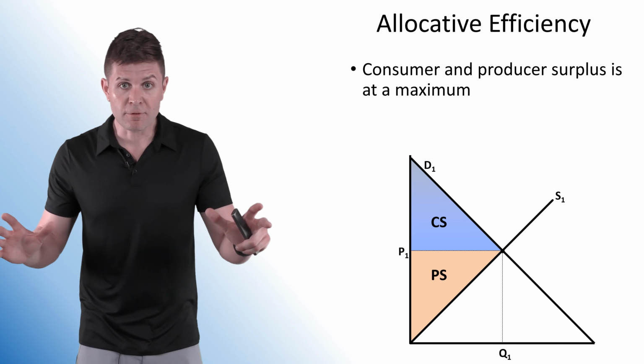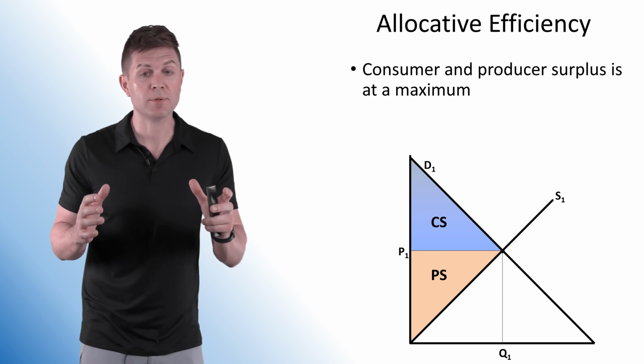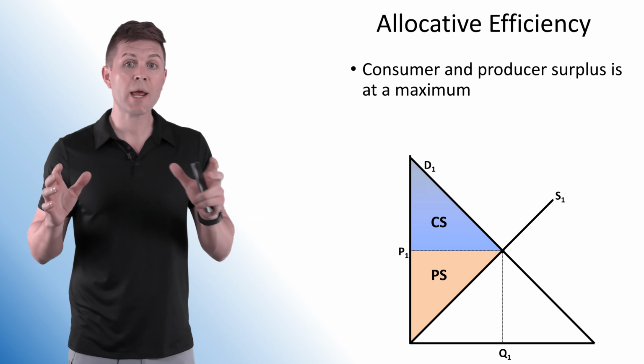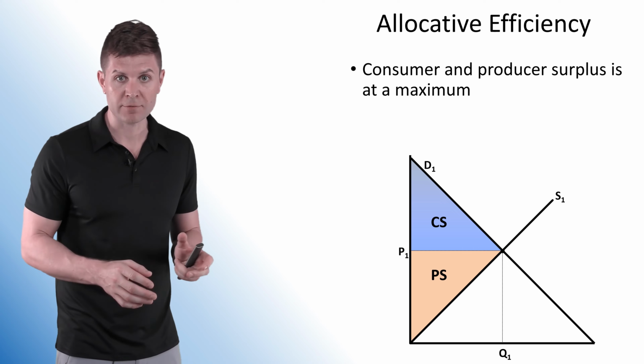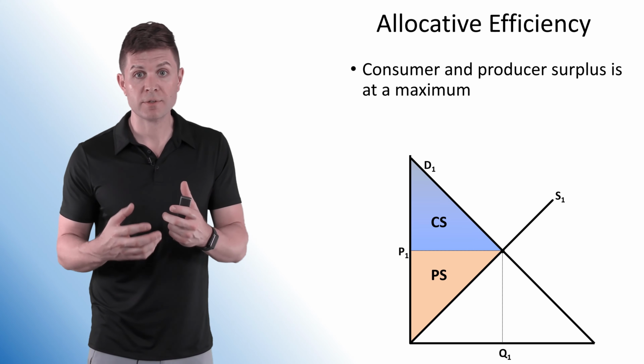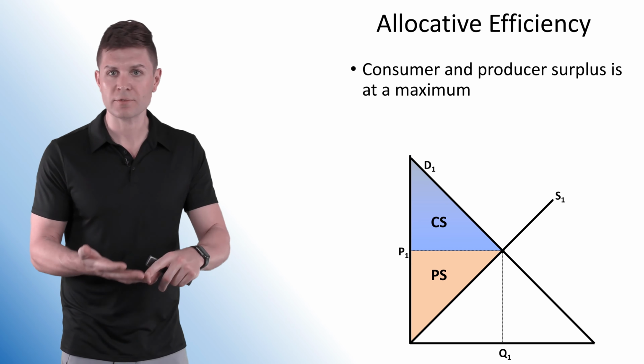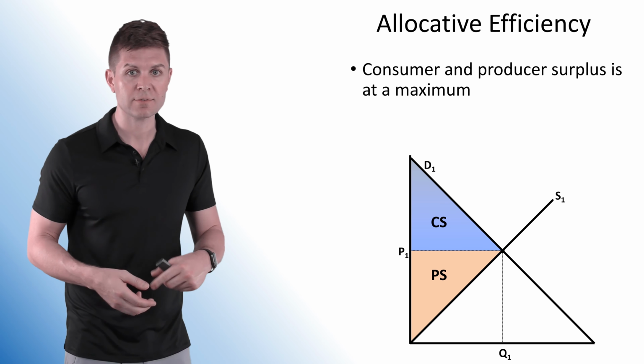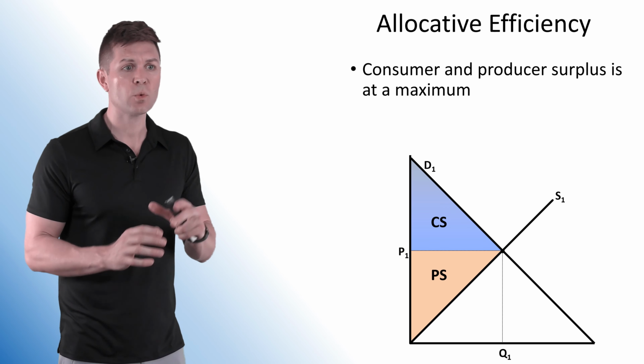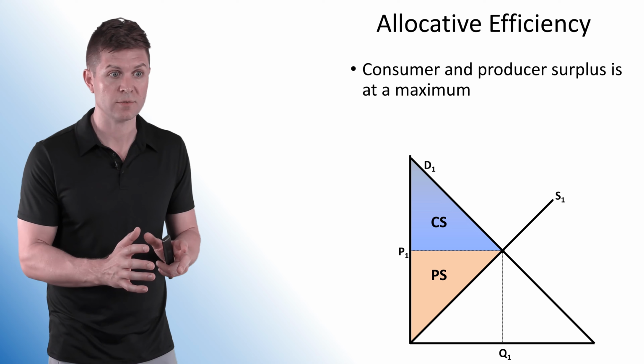So allocative efficiency, this is an important concept here, is where consumer and producer surplus is at a maximum. And as we add different changes to this, price controls, taxation, and things like that, you're going to see that's going to interfere with achieving allocative efficiency.